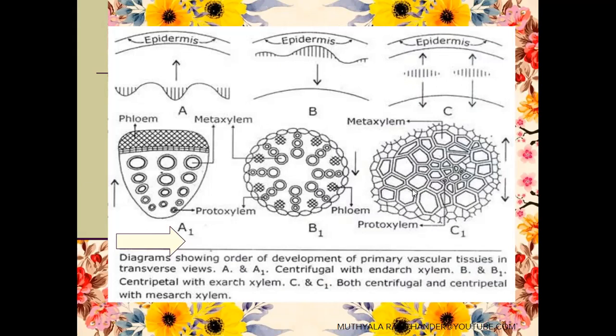This type of primary xylem is called mesarch protoxylem. It appears in the gymnosperms of the Cycadopsida class. The Cycas shoot anatomy contains mesarch protoxylem. So these are the three primary xylems in plant anatomy.